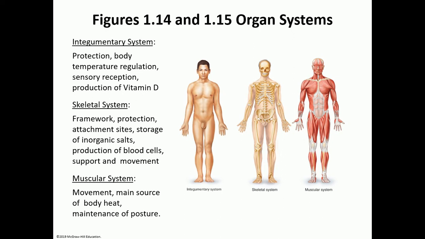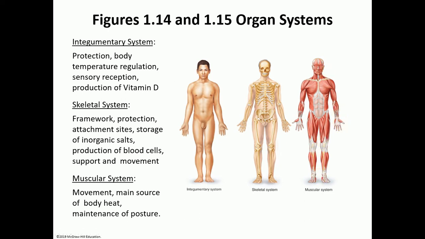Now the next system to talk about is your muscular system. That's made out of the muscles that we can control. Those are known as your skeletal muscles. And there are other muscles that we cannot control. For example, the heart muscle, known as the cardiac muscle.